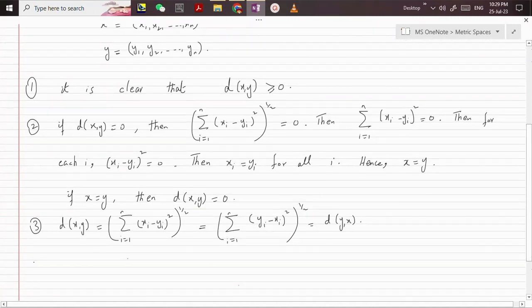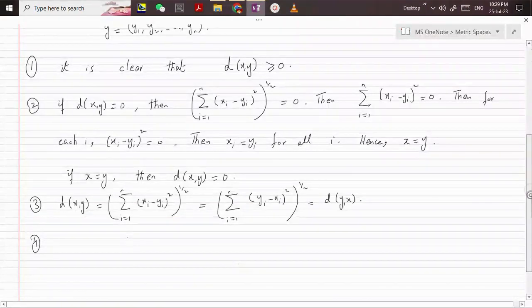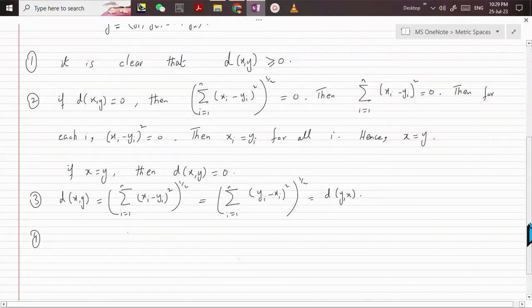Now the most important property, which is the most important part of this example, is the triangle inequality. So we must focus on this.